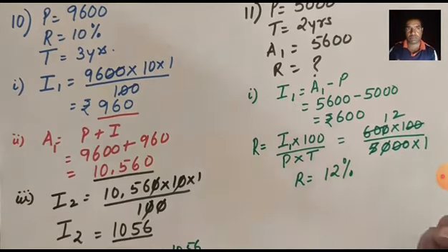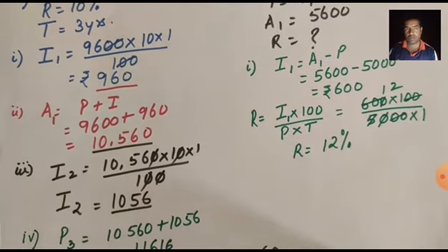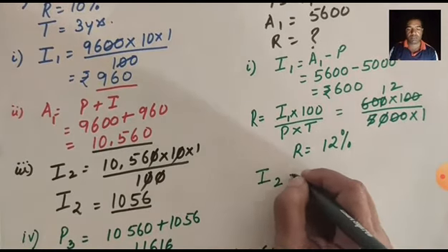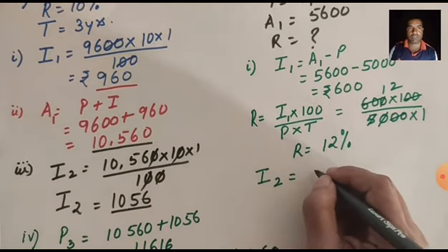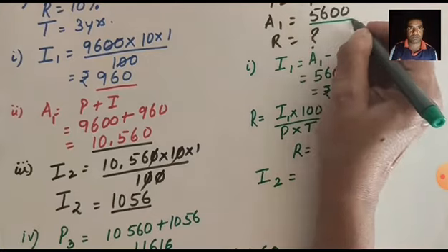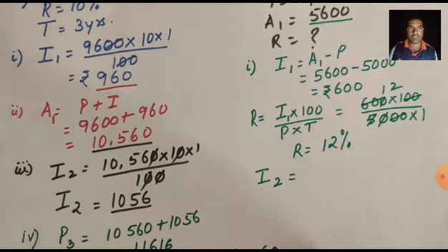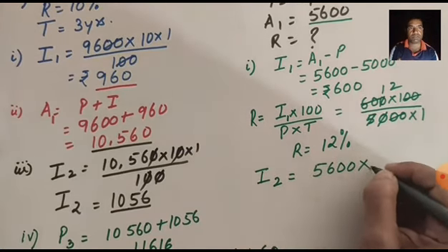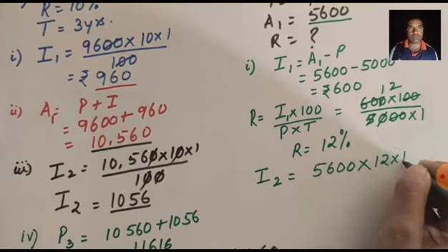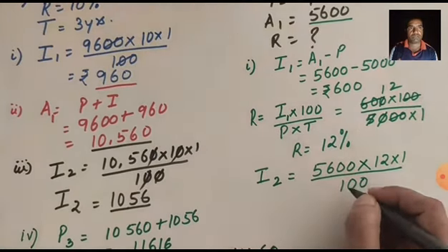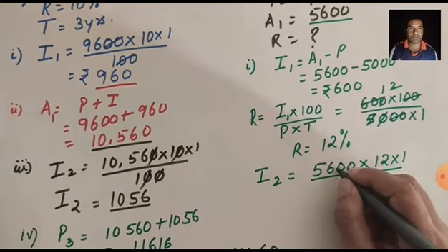Now what thing we have to find? I2, that means interest of the second year. To find the interest of the second year, 5,600 will be the principal now, P into R into T upon 100, because it is the amount of the first year. Now 20 gets cancelled.